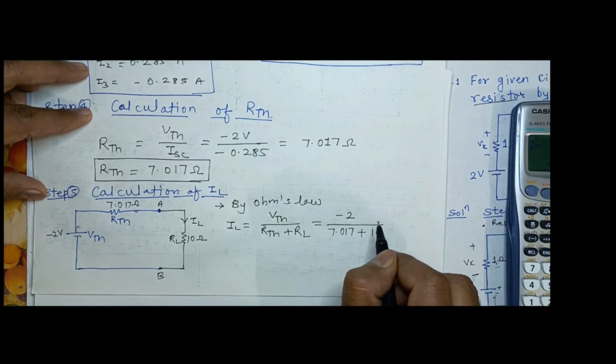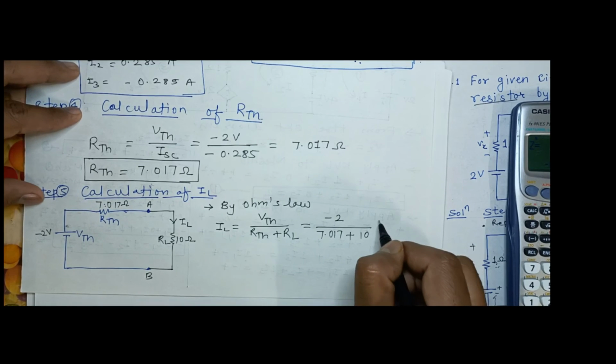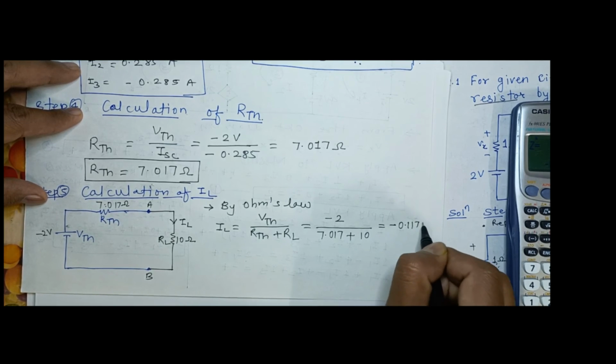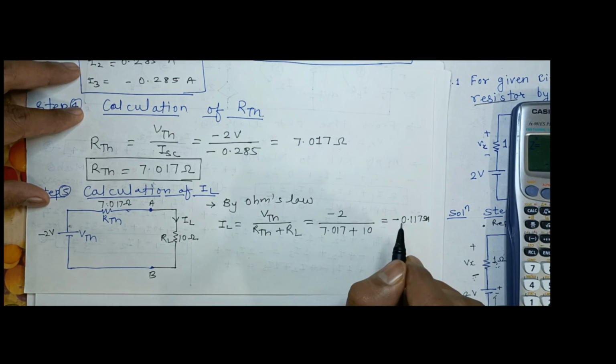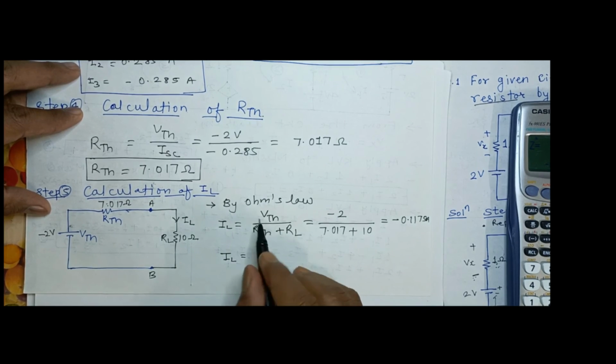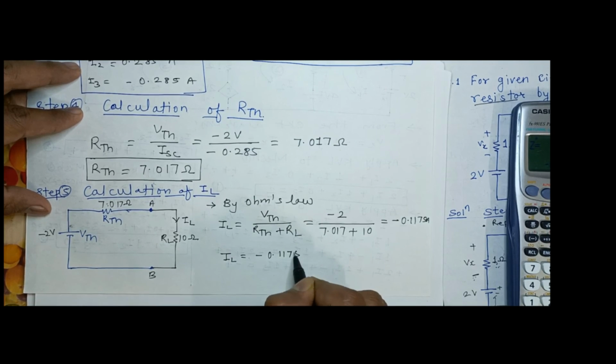When we simplify it, we will get minus 0.1175 ampere. You can solve in the calculator. Clear? This is the value of IL, minus 0.1175 ampere, and the direction will be downward.